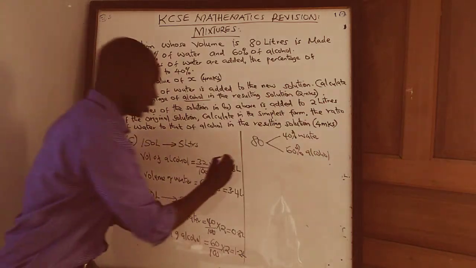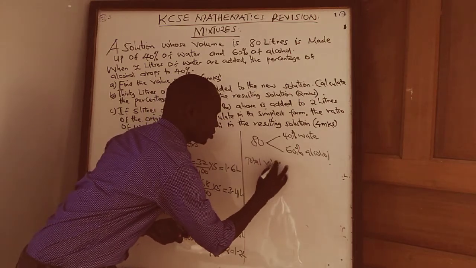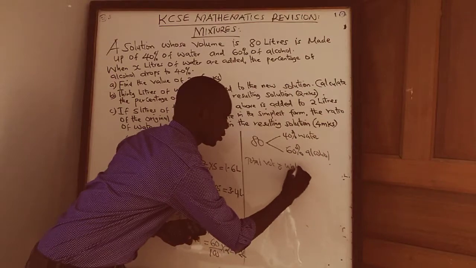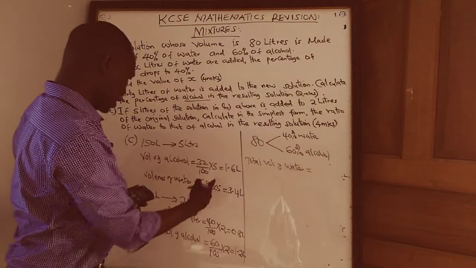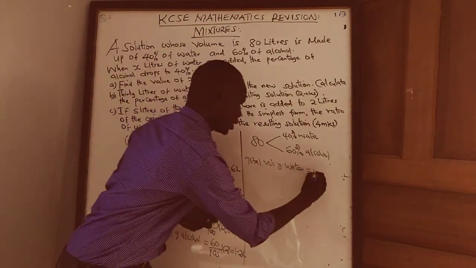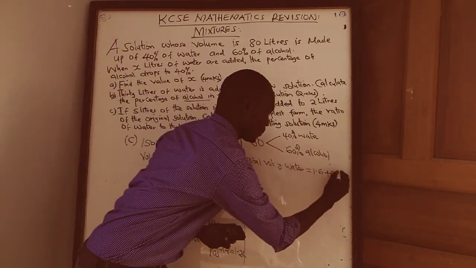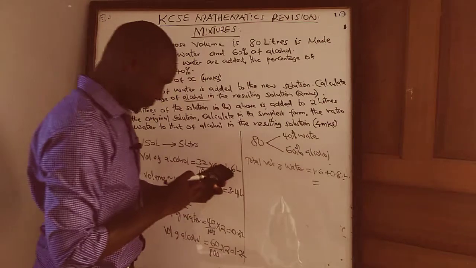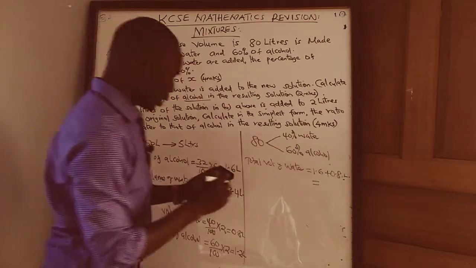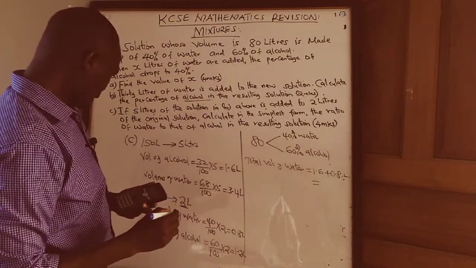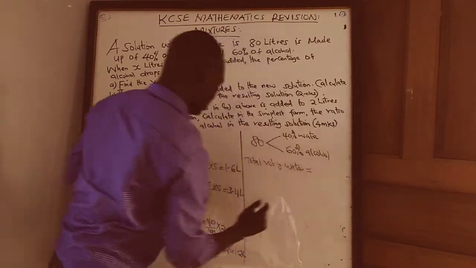Then from here, we need the total volume of water and alcohol.